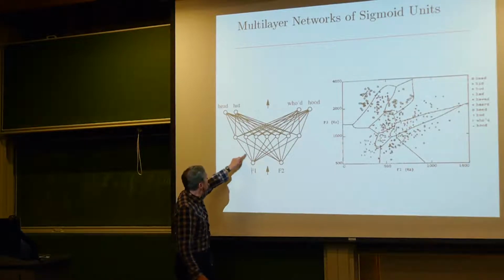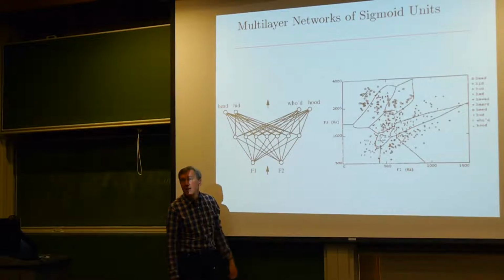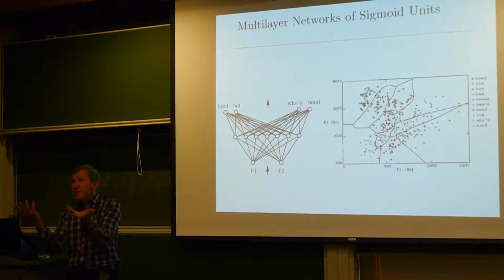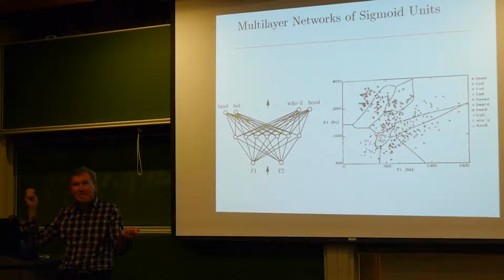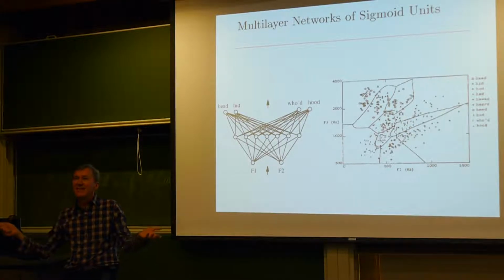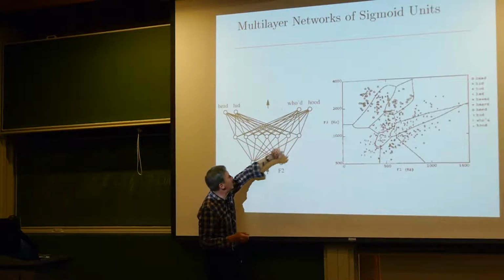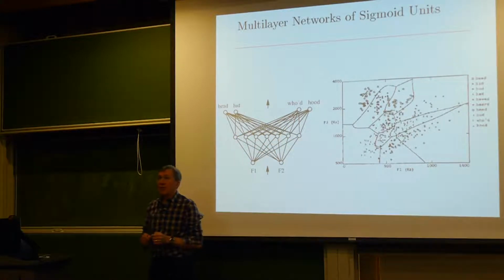And you can think of these edges as representing the weights, W1 and W2, that are used to compute the output of that logistic function. And of course, as we know, logistic functions output a value from 0 to 1. And so this value, which is going to be between 0 and 1, along with all of these values, becomes the input to a second layer of threshold units.